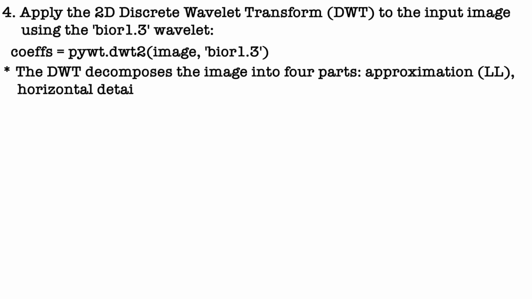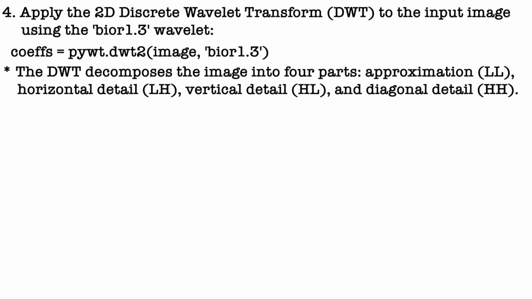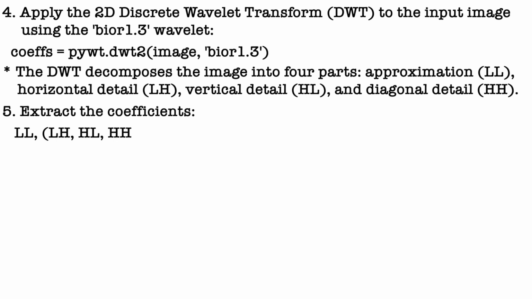The DWT decomposes the image into four equal parts: approximation LL, horizontal detail LH, vertical detail HL and diagonal detail HH. Then extract the different coefficients LL, LH, HL and HH from coeffs.